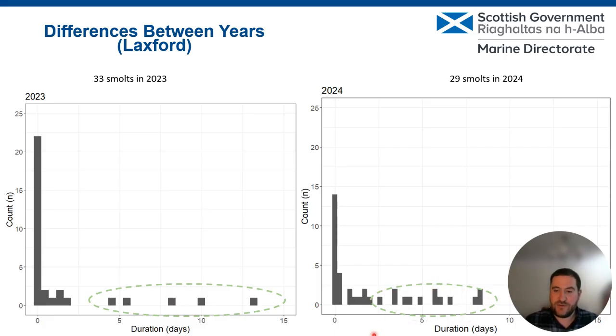Again, quite a number of fish are staying within the area or being detected on the array for longer than we would have expected, potentially milling around, but certainly not an active directed migration within this area.